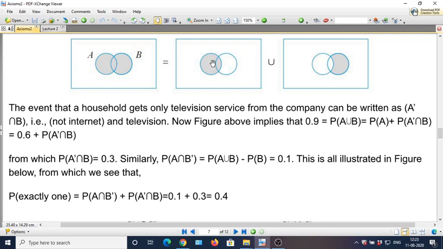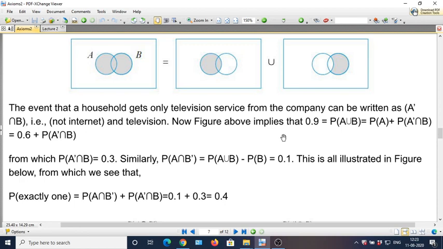One is the event A and another is the event A complement intersection B. Using this, we can find the probability measure, as these two are disjoint events. So the probability measure of A complement intersection B is P of A union B minus P of A.